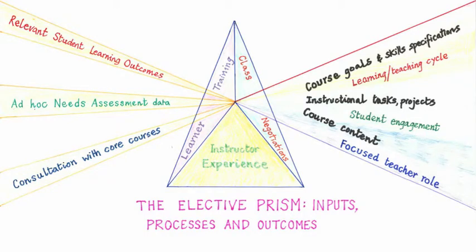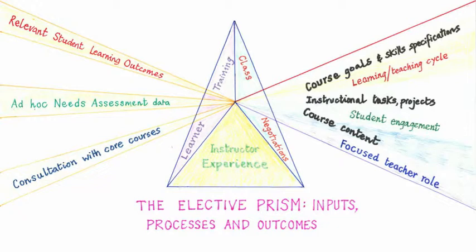This is a specific application of the more general prism, which we have already seen. This is the application to the case of elective courses in an intensive ESL program, where the core courses have a much more specific framework in terms of student learning outcomes, and the core courses are organized by level.